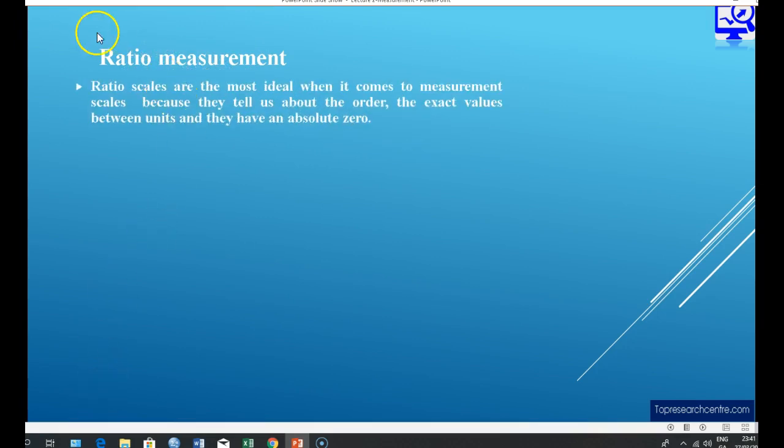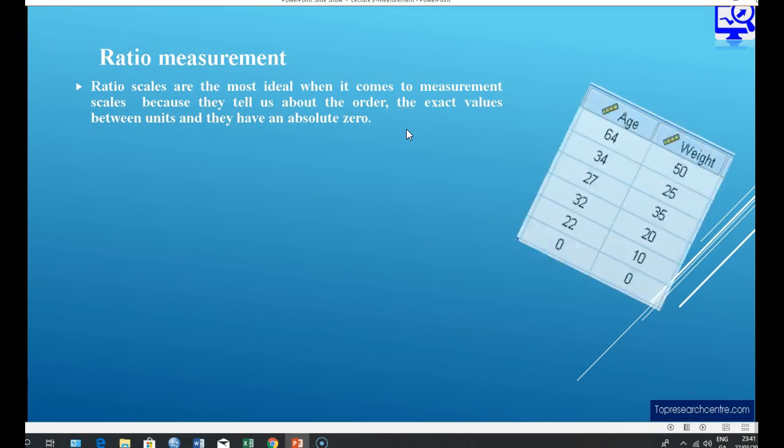So when you are dealing with a variable which has been measured at ratio scale, you can have the order, you can know the exact values between the units, and they have an absolute 0.